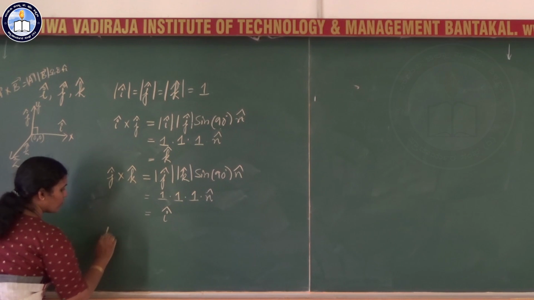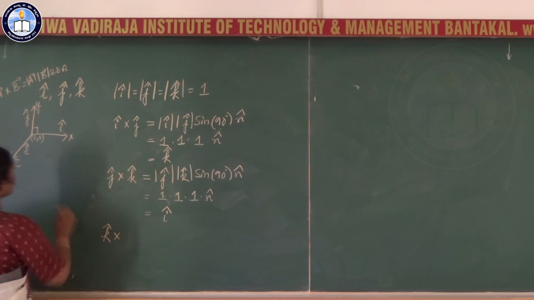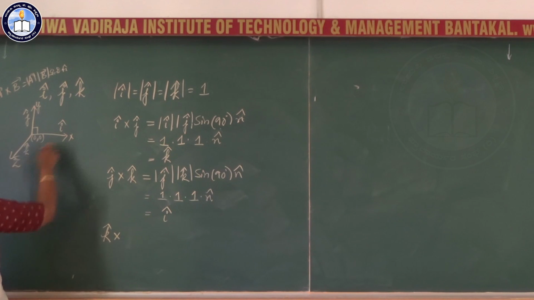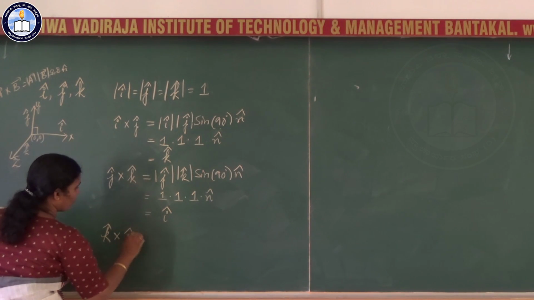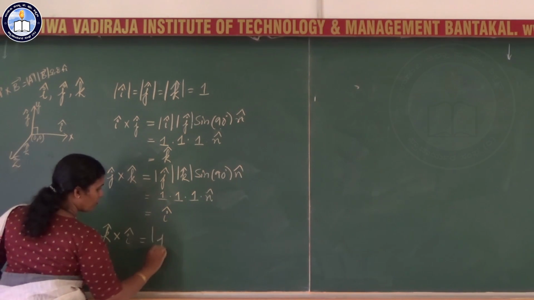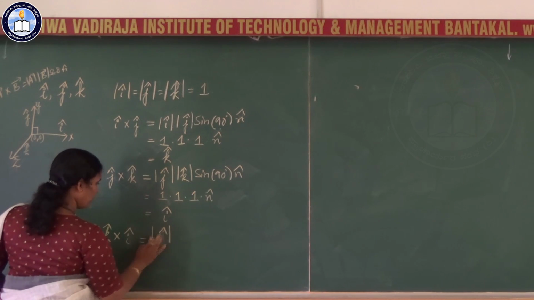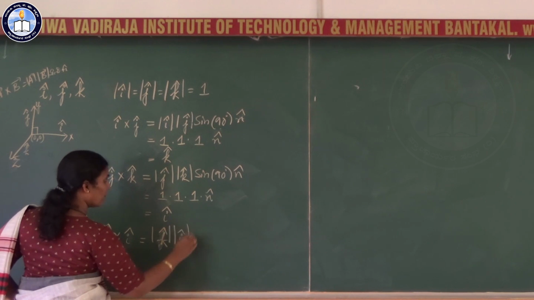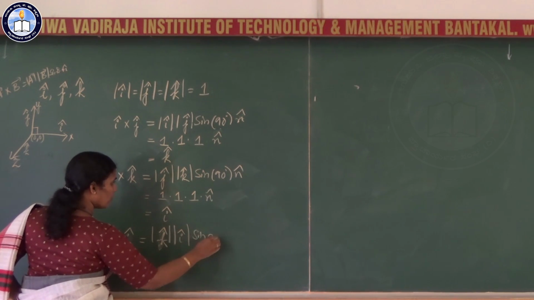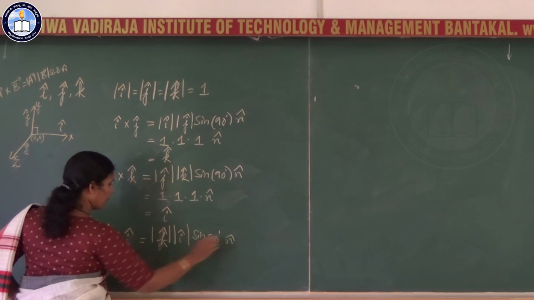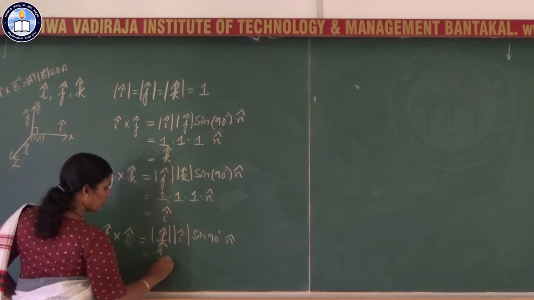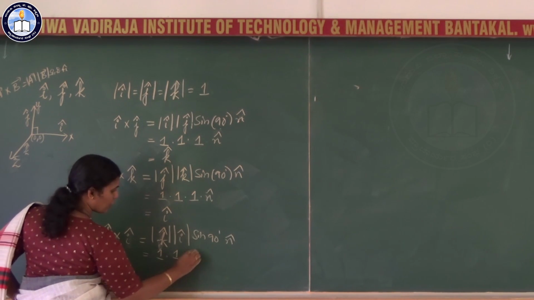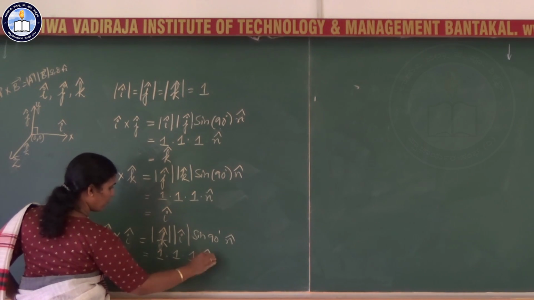Similarly, k cross i. Magnitude of k cap, magnitude of i cap, sine 90, n cap. So it is 1 into 1 into 1 into n cap.